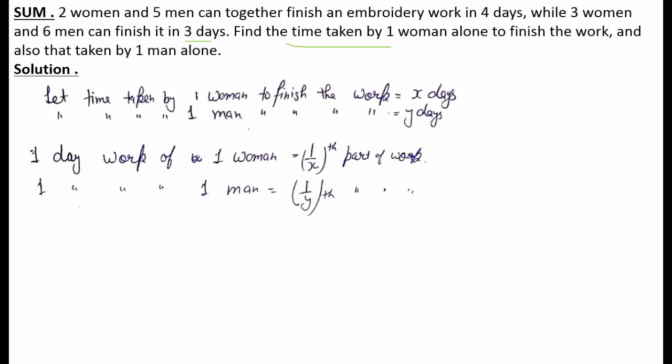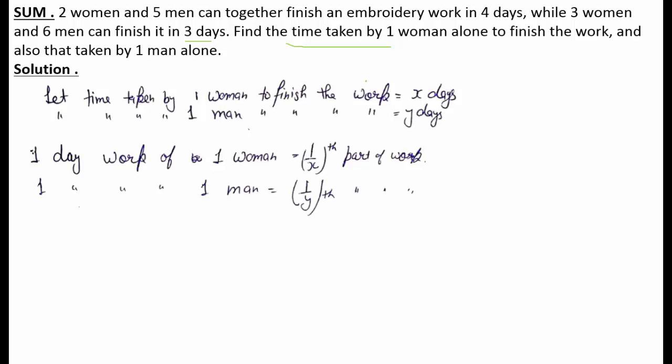So let the time taken by one woman and one man to finish the work be x and y days respectively. Now you know that if somebody completes the work in 10 days, then their 1 day work will be 1/10 part. If I am completing my work in 2 days, it means half of the work will be completed on the first day and the remaining half on the next day.